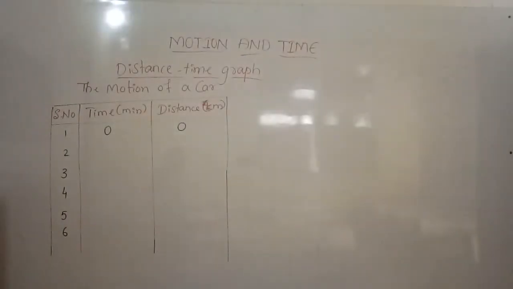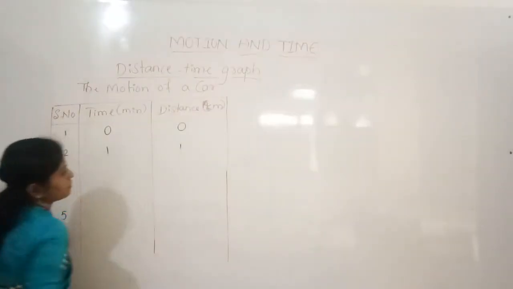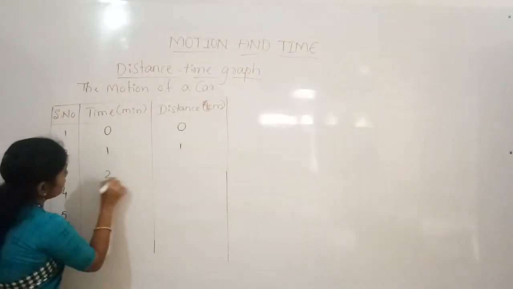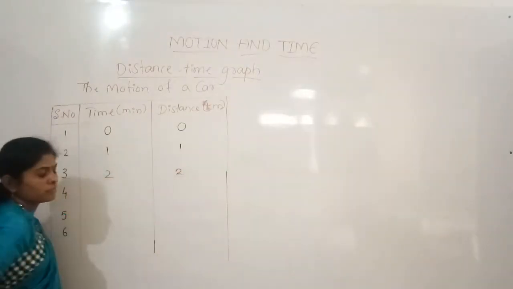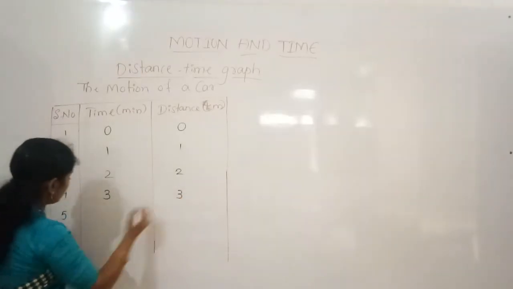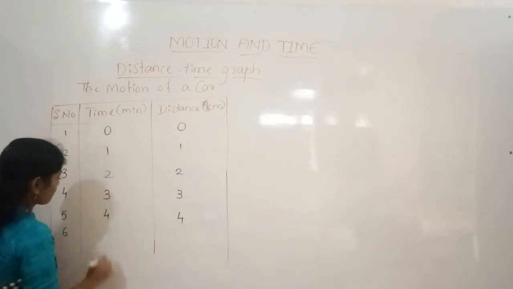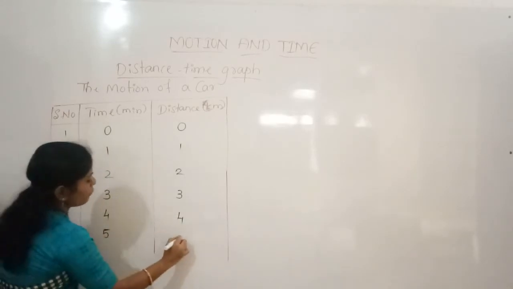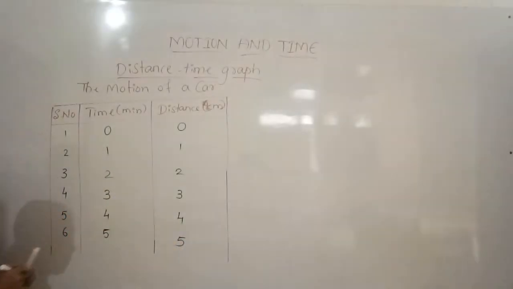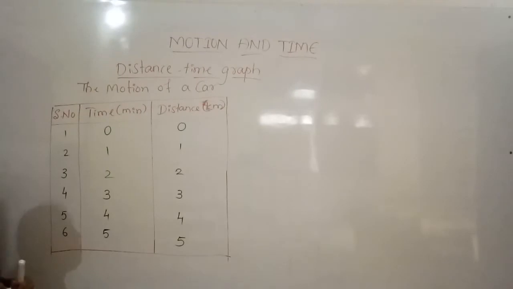And for the second one, in 1 minute 1 kilometer, in the second minute 2 kilometers, in the third minute 3 kilometers, in the fourth minute 4 kilometers, in the fifth minute 5 kilometers. Yes, this is the distance covered by the vehicle, right?